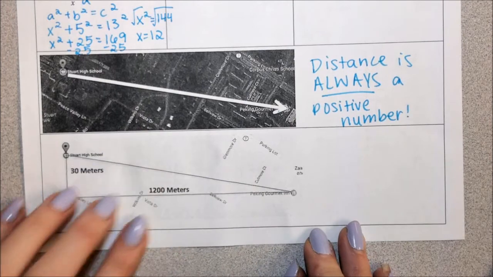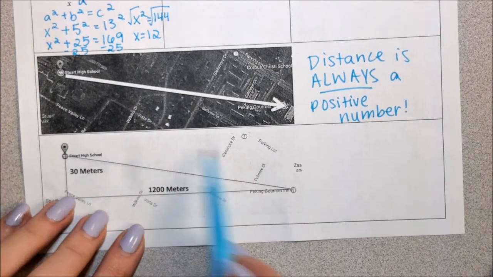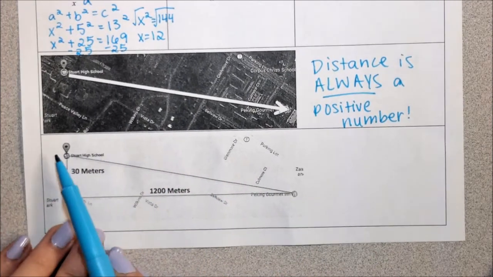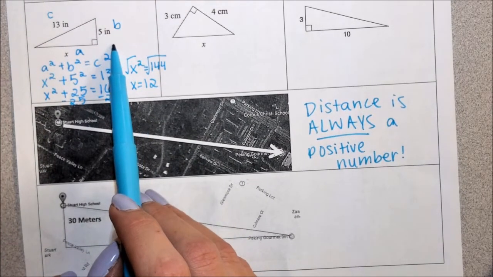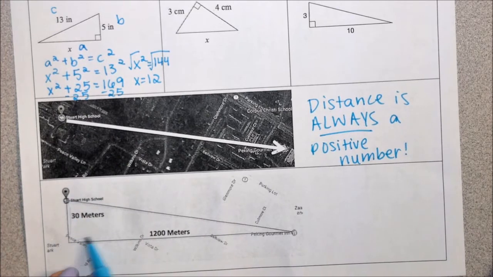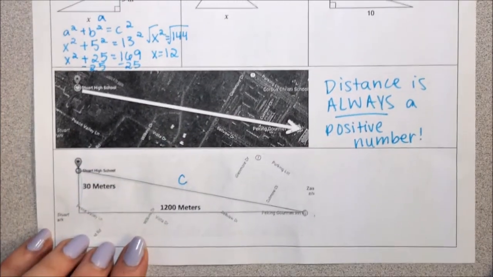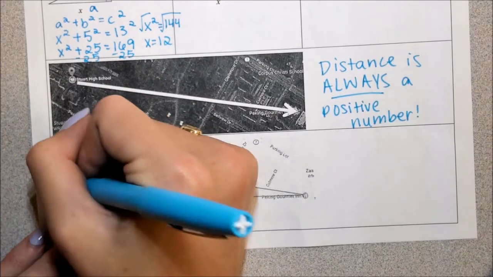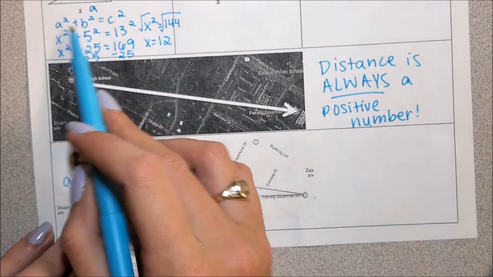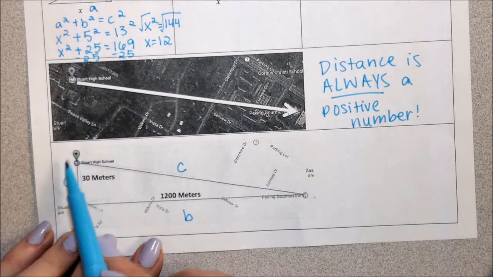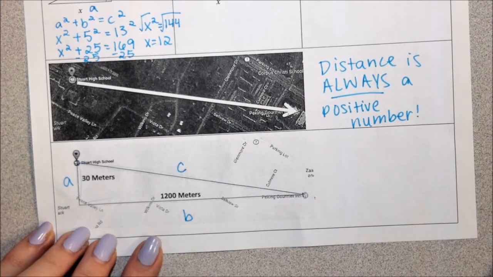If we look at this map example on this problem right here, you'll see that all we did was take our right triangle from above and we added the two sides of it, the A and the B. So that distance that we're finding is always going to be side C. So if I label side A and I label side B, now I just need to use that Pythagorean theorem from above right here, and I can find the distance from Stewart to Peking Gourmet.